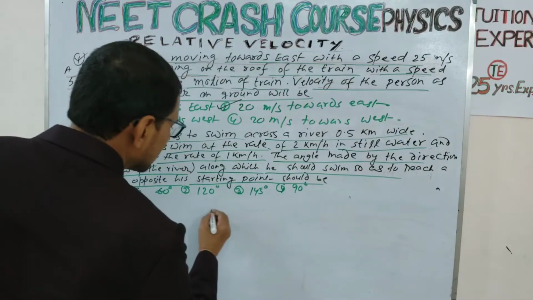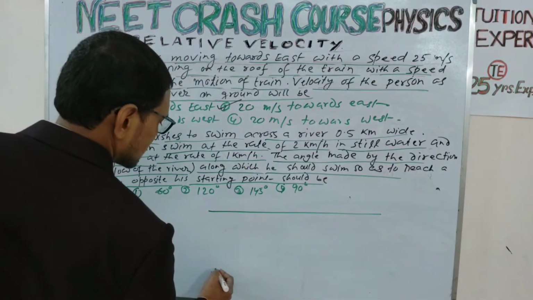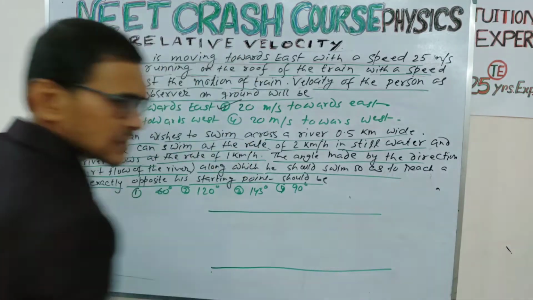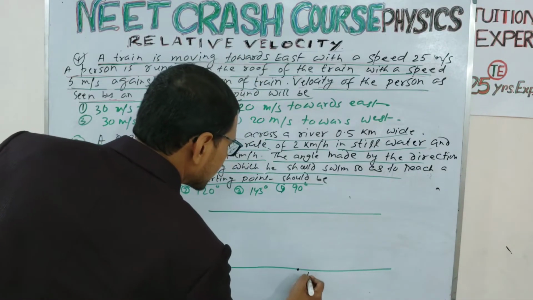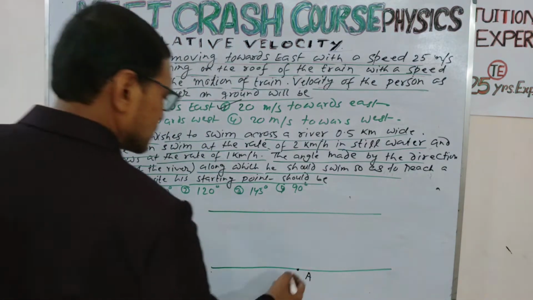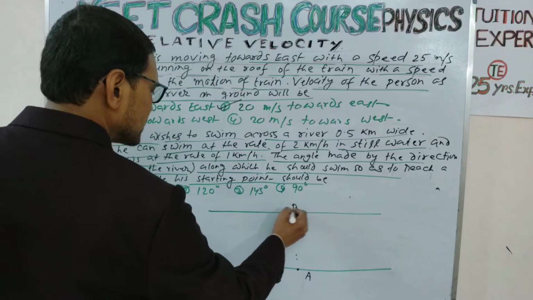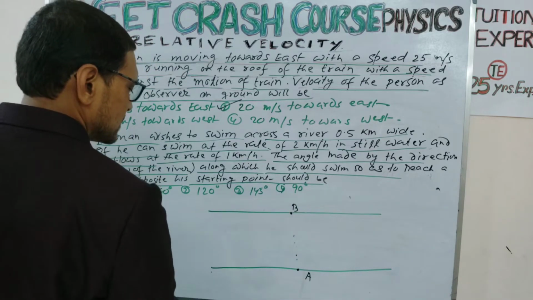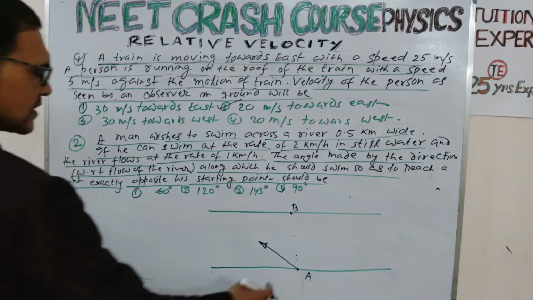So here the man starts from this point A and wants to cross just opposite of A, that is, at point B. Now he should start this way.